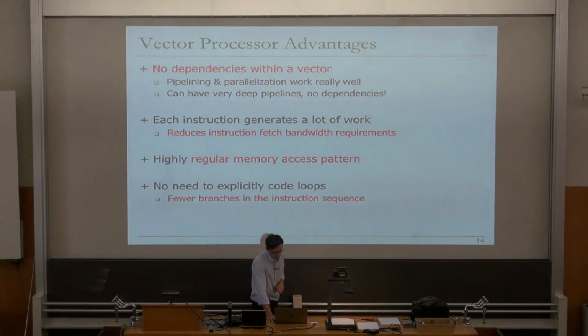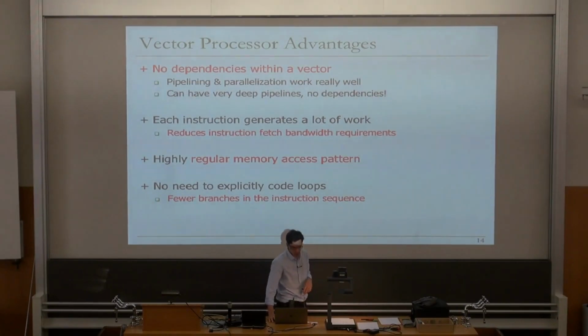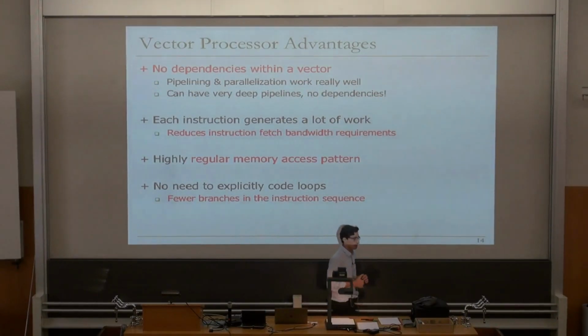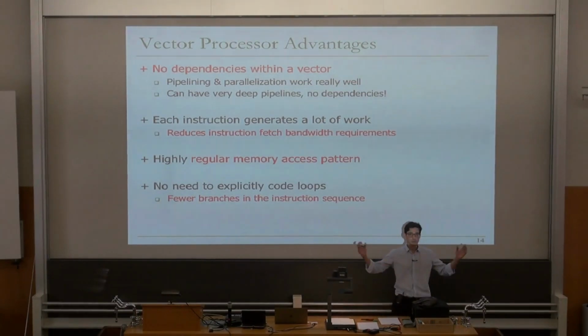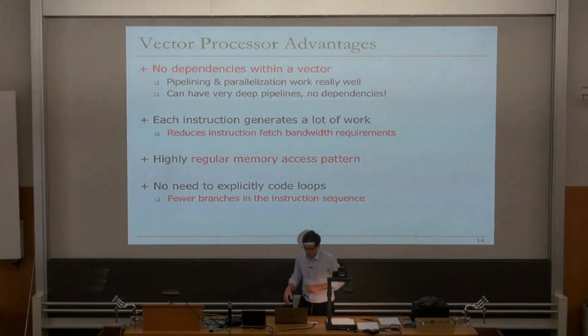And we don't need to explicitly code loops. In principle, there are no loops here. We will only use loops when the total number of elements that we need to operate on is larger than the vector length. We will talk about that later.